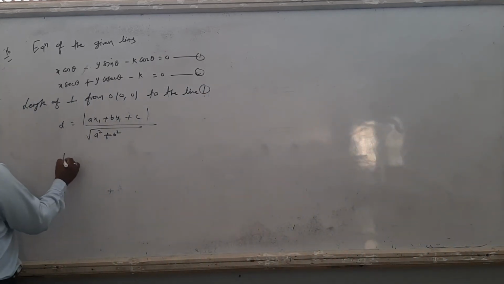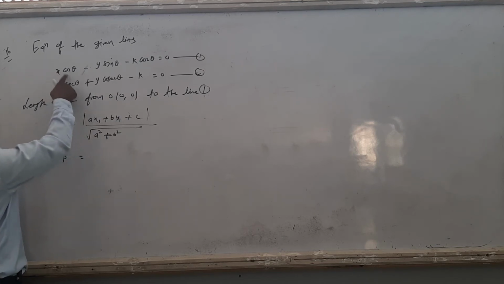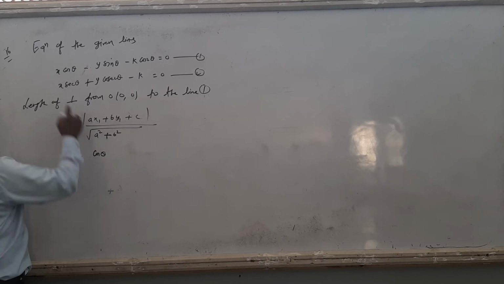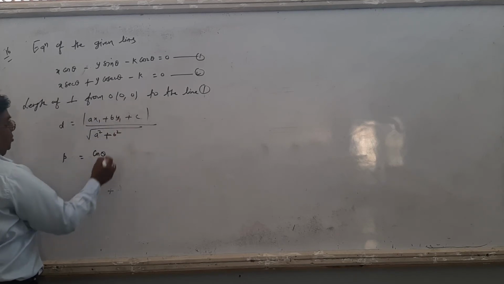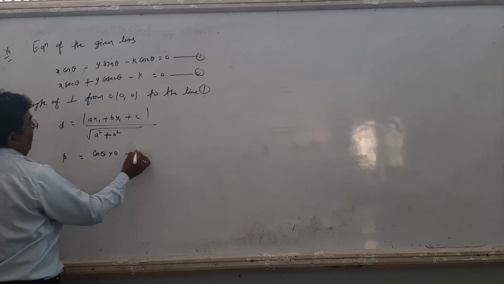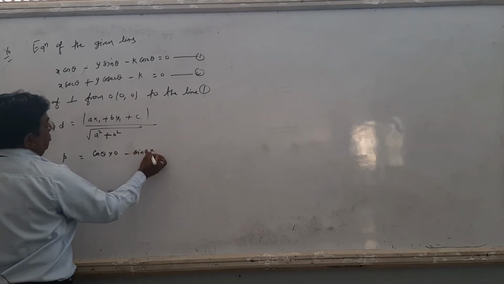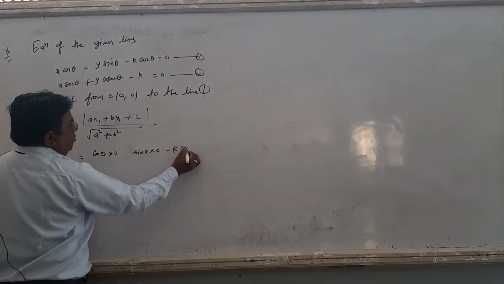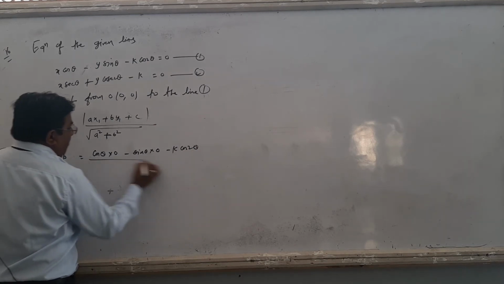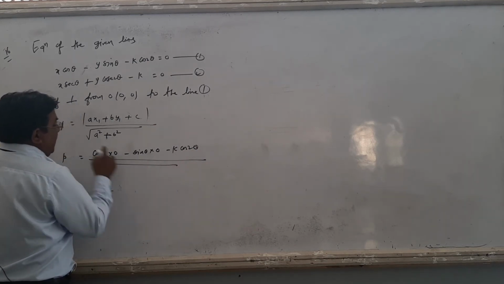Distance is given, first line से distance given है p, right? First line की equation देखिए, x cos theta, that means cos theta as it is, x की जगह x1, and x1, y1 is 0. So cos theta into 0 minus sin theta into 0 minus k cos 2 theta, upon under root a square plus b square.